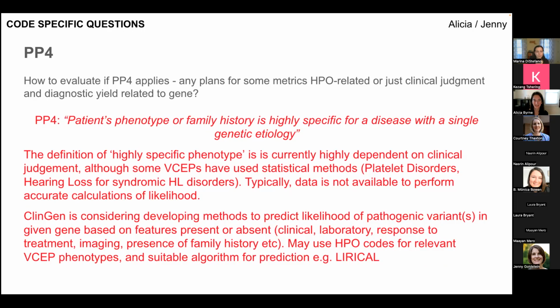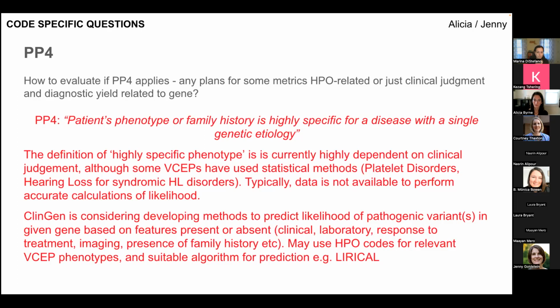So just continuing on this question, any plans for some metrics, HPO related or just clinical judgment, and diagnostic yield related to the gene? Alicia has covered the diagnostic yield related to the gene. At the current time, this use of highly specific phenotype really is based on clinical judgment.